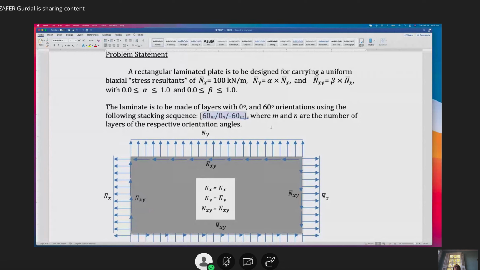So basically your design problem is to find m and n, and whether you do this as an integer number, I guess integer number is preferred. If you know another way to do it, you can do it, but I will basically let you try m and n as integer numbers.